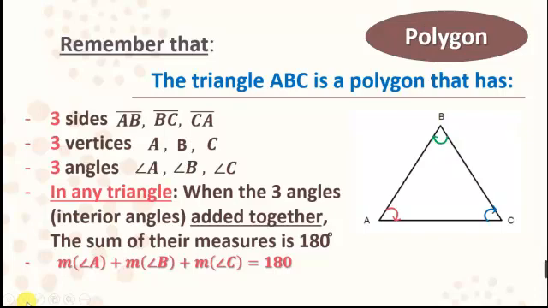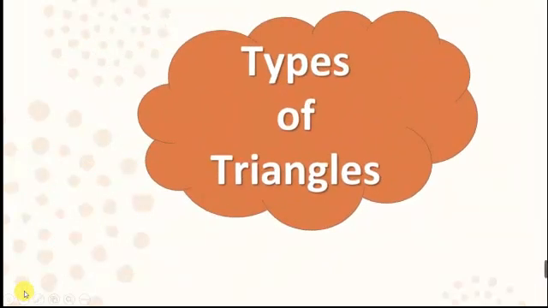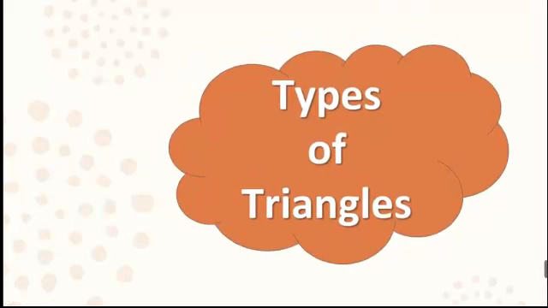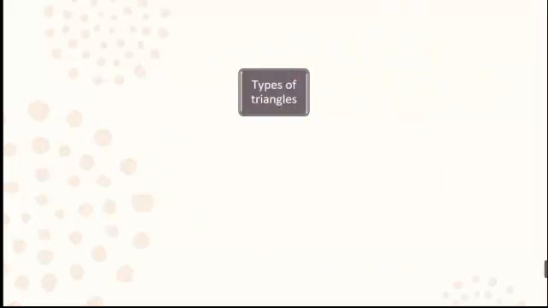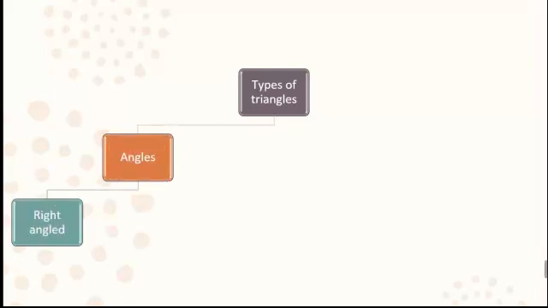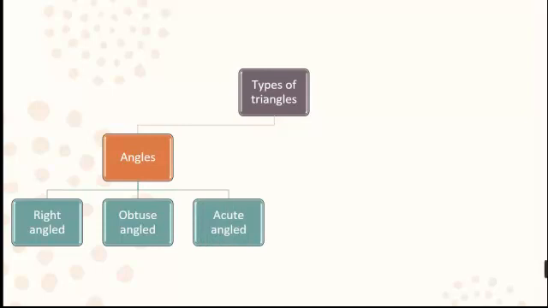Okay, now let's move to another topic, which is the types of triangles. There are 6 types. Let's see how. When I want to know the types of the triangle, I will classify them according to the angles and to the sides. If I classify them according to the angles, I have 3 types: right-angled triangle, obtuse angled triangle, and acute angled triangle.